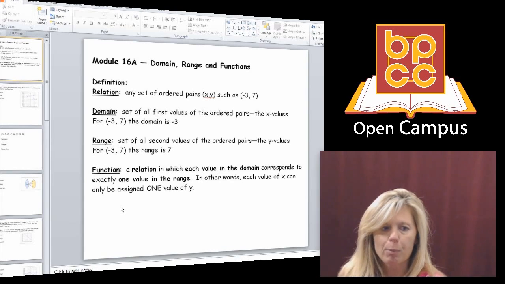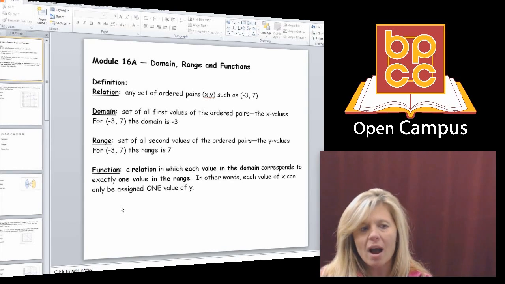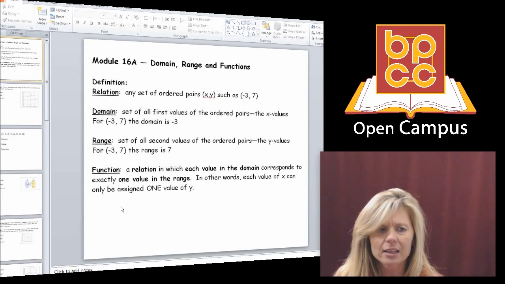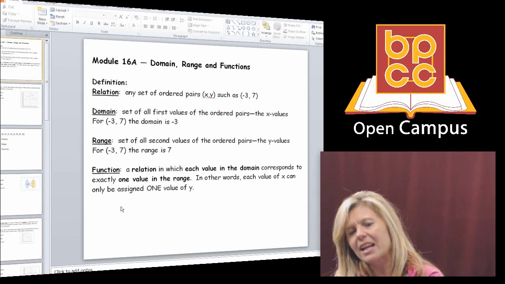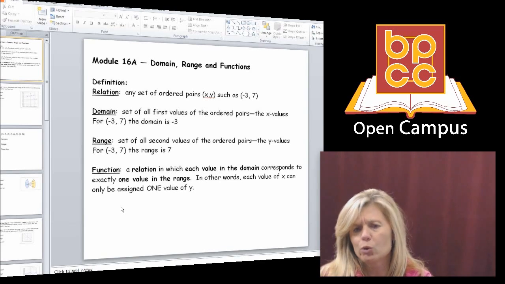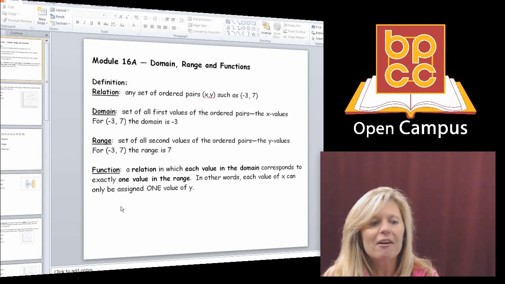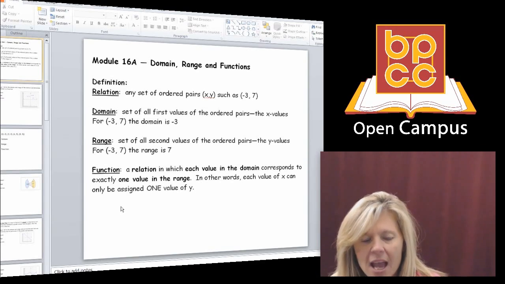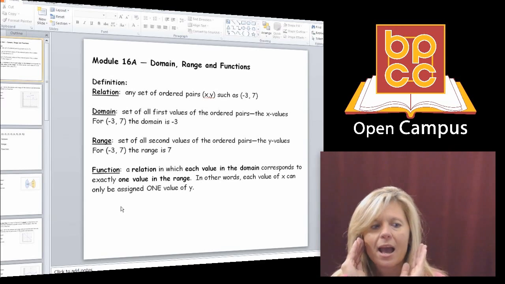The other part of a point is the range, which is the y value. So think of range like going high and low, like the y-axis. So if I ask you the range of -3, 7, again, I'm asking you what's the y value, which would be 7. So every point, every ordered pair, every relation has a domain, an x value, and a range, a y value.